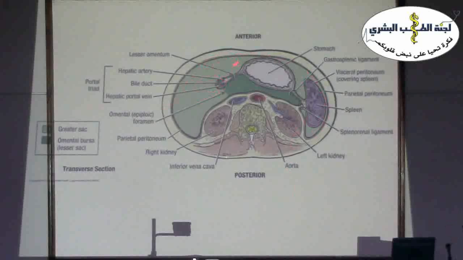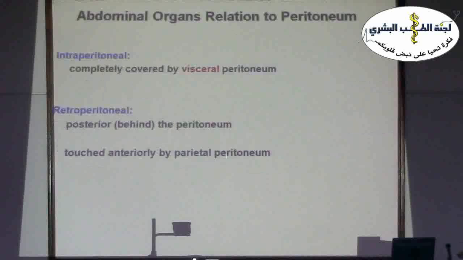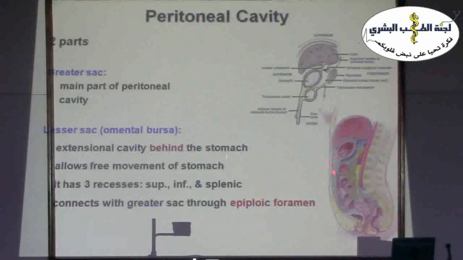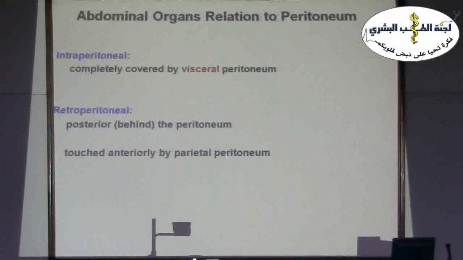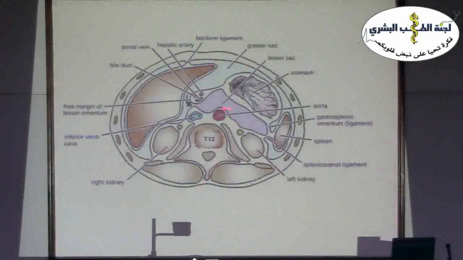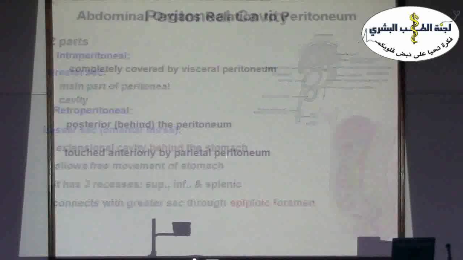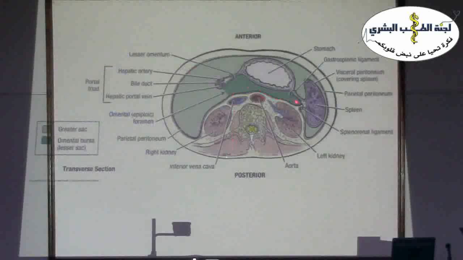The main and largest one, all this space, extends from the diaphragm all the way down into the pelvic cavity, and we call it the greater sac of the peritoneal cavity. In addition to this greater sac, there is a smaller space of peritoneum that extends behind the stomach, as you see here.